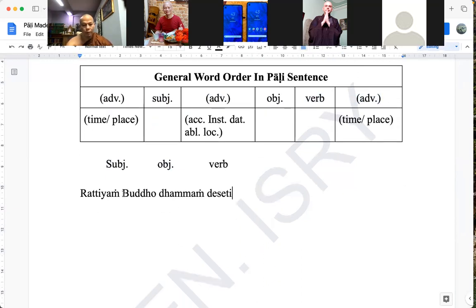Now in this sentence, Bodo Dhamman deseti. The Buddha expounds the Dhamma. Maybe instead we can add idani: now the Buddha is expounding the Dhamma.